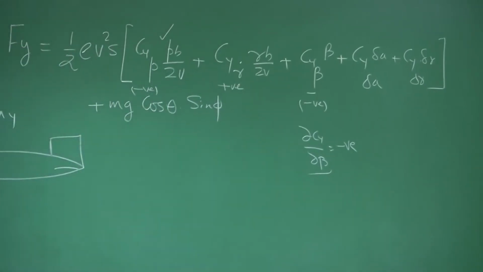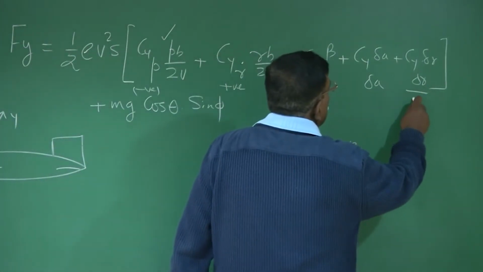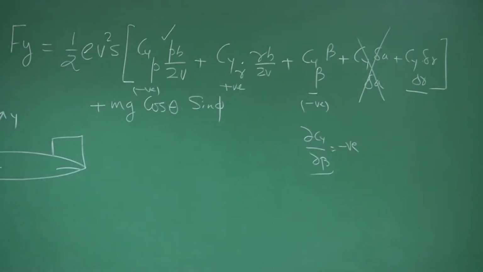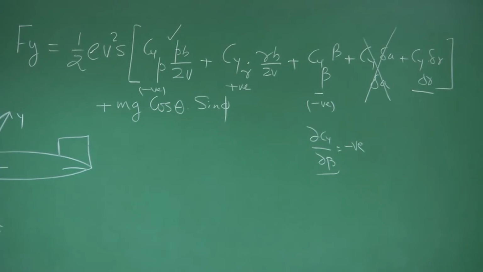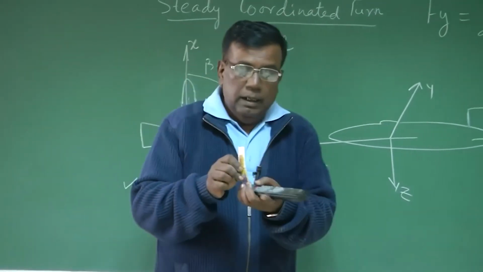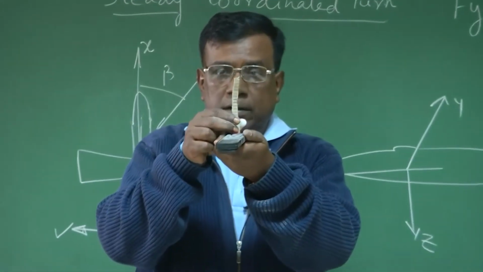Right? Now I come to CY delta R. For the time being, I neglect this. I say this is not much. But let us see what is the sign of CY delta R. Again, I come here, delta R means rudder. This is the rudder, let's say.